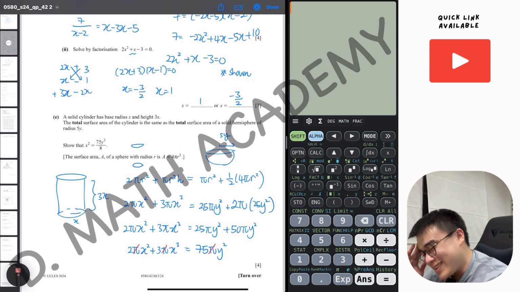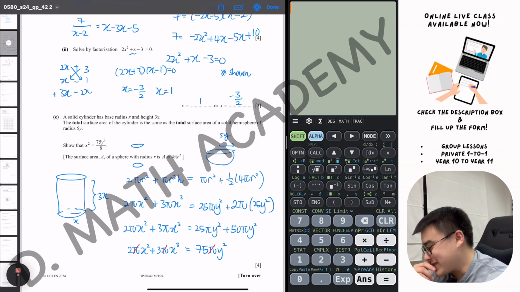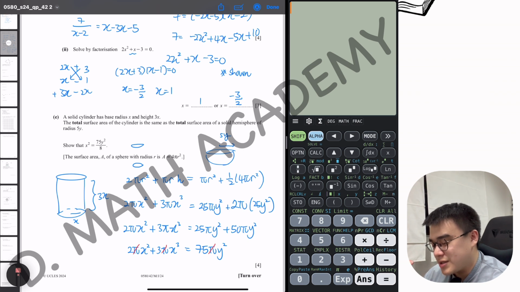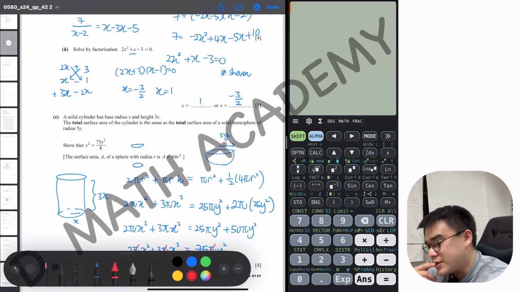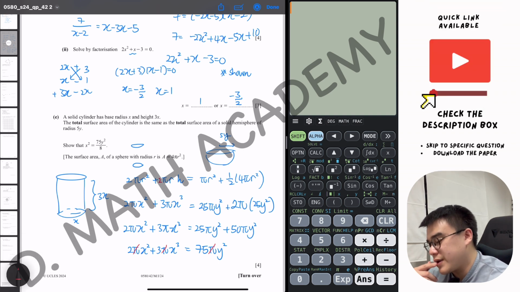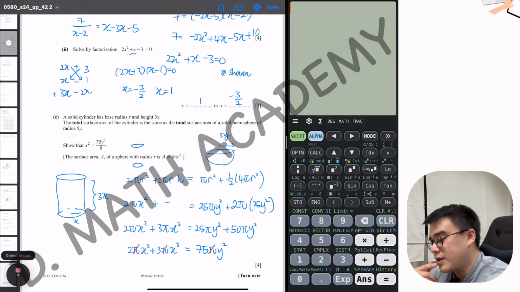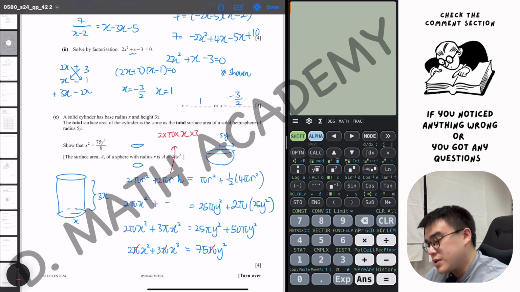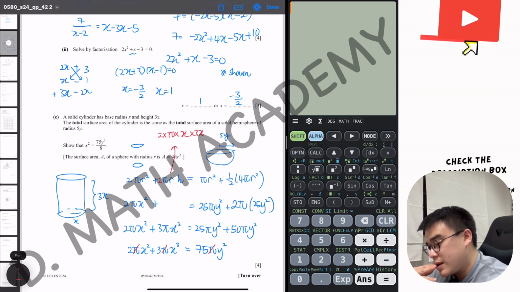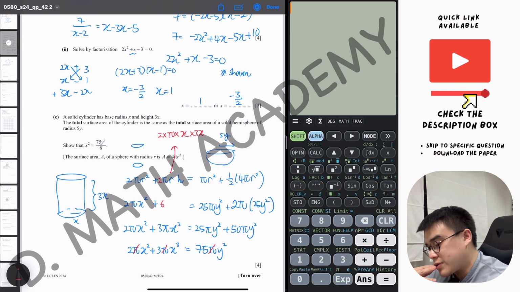I finally noticed where I messed it up. It's actually 2 pi r times h. I mixed up the formula. It's 2 pi r times h, so when I fill it in, 2 times pi times x times 3x, it should end up as 6 pi x squared.